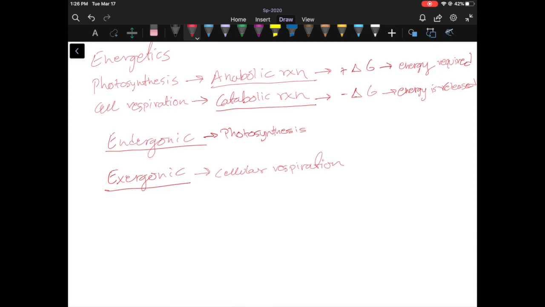Okay. And if we look at a free energy diagram of these two reactions, or if you make one, we can say this one's going to be photosynthesis, and this will be cellular respiration.